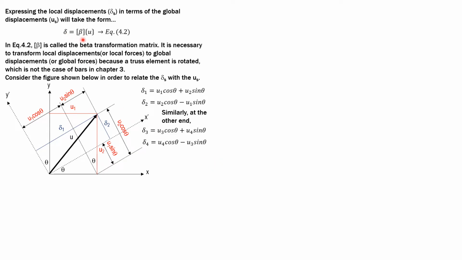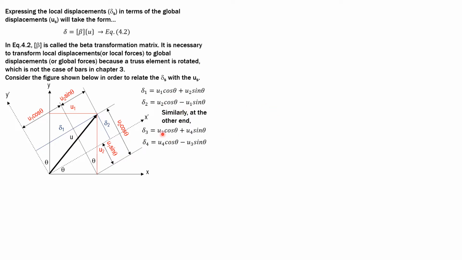Writing equation 4.2 in matrix form, we have the delta matrix, a column matrix of delta 1, delta 2, delta 3, delta 4, equals the beta matrix, which is 4 by 4. Row 1 is cosine theta, sine theta, 0, 0. Row 2 is negative sine theta, cosine theta, 0, 0.